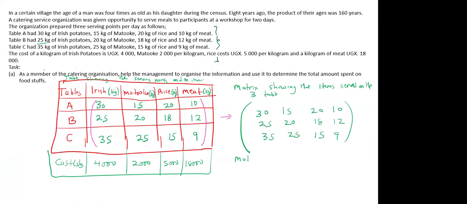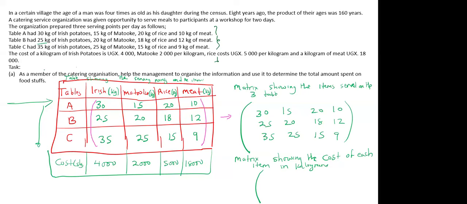So I say matrix showing the costs of each item in kilograms. Now I write the cost matrix. I have told you already that in case you write all your items in row form, then your money has to be in the column form.